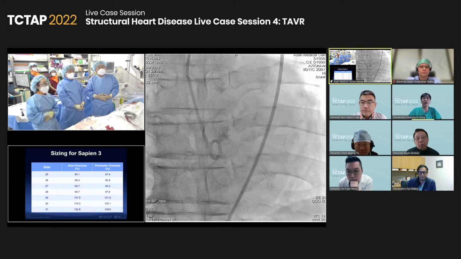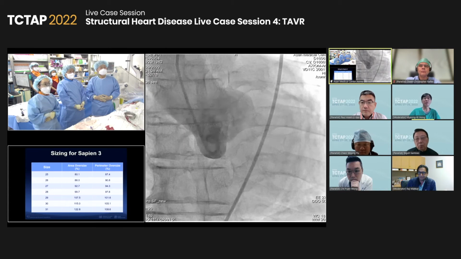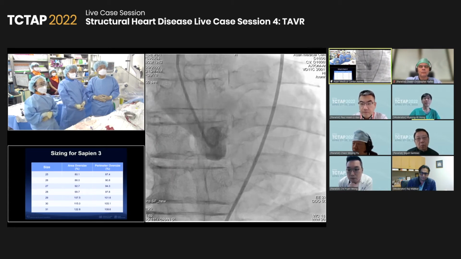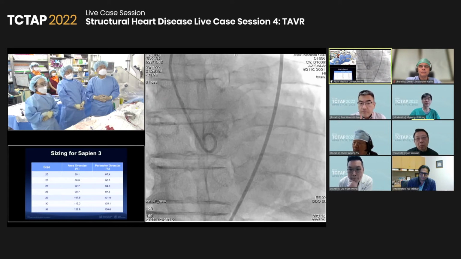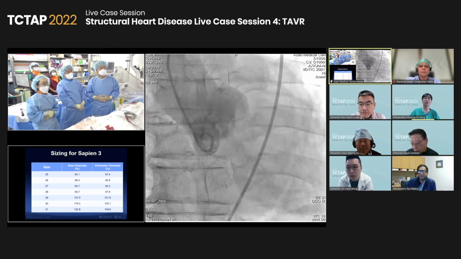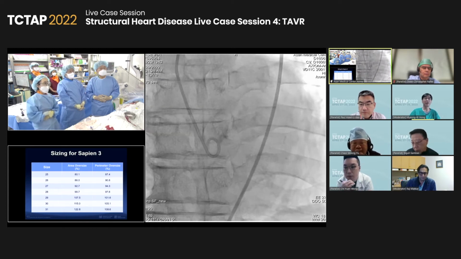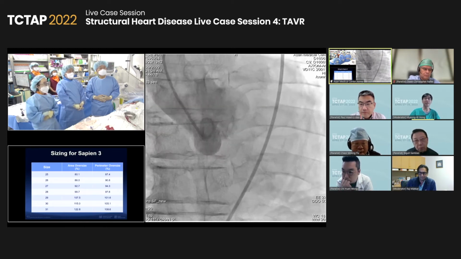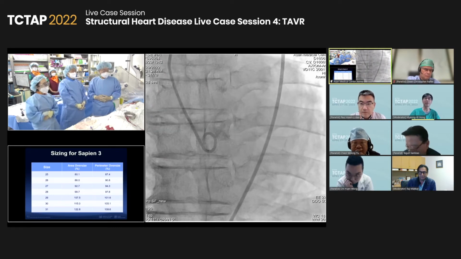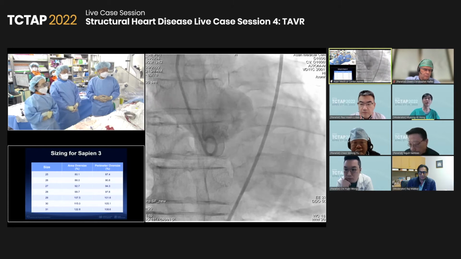Yeah, I think there is some issue. Is the mild LV dysfunction caused by the aortic valve stenosis or regurgitation itself, or is there any other cause for the mildly decreased LV function? And second, the etiology was rheumatic, not degenerative.